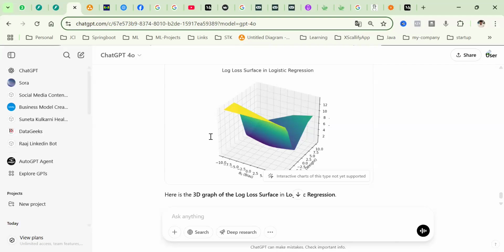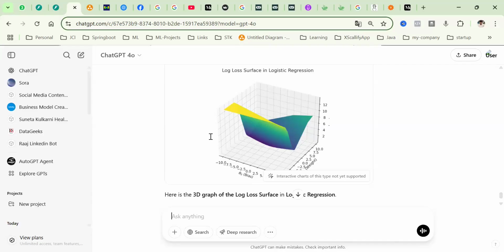Let's suppose you're using the sklearn library. Behind the scenes, logistic regression uses the log loss function to get the best fit line. Let's suppose you're writing your own algorithm and you use MSE to find the cost function.